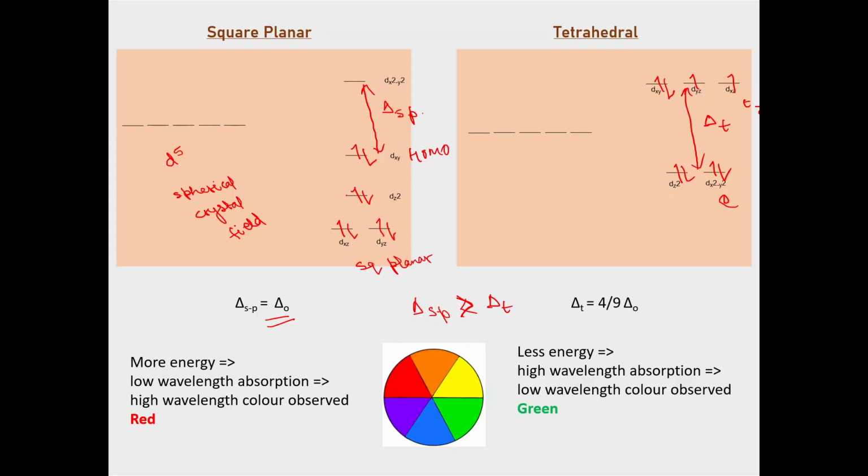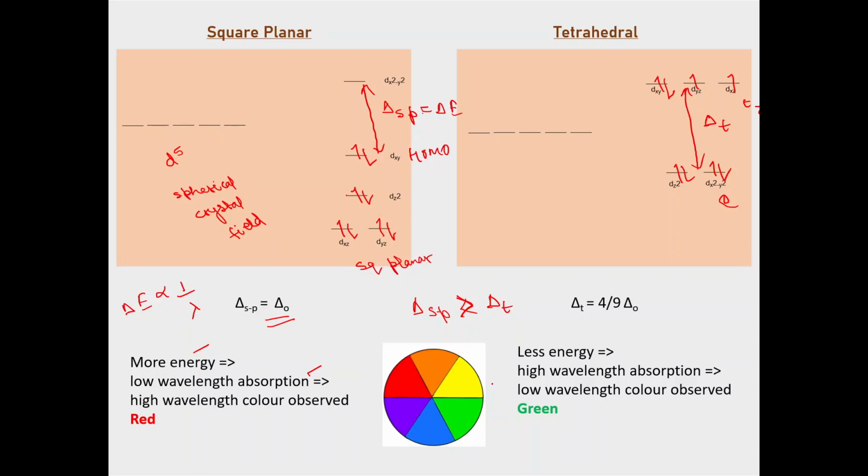Now you know that this delta is equal to the change in energy required for the transition. And we know that delta E is inversely proportional to lambda, the wavelength of the light observed. Since in the square planar case the energy gap is more, lower wavelength light will get absorbed.